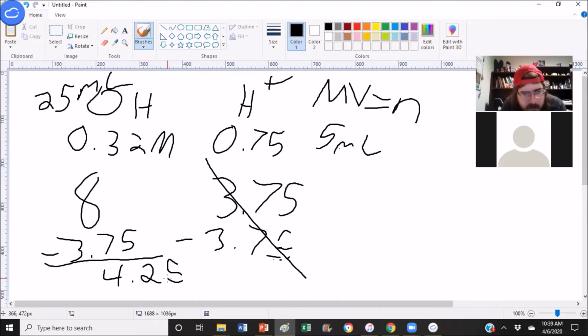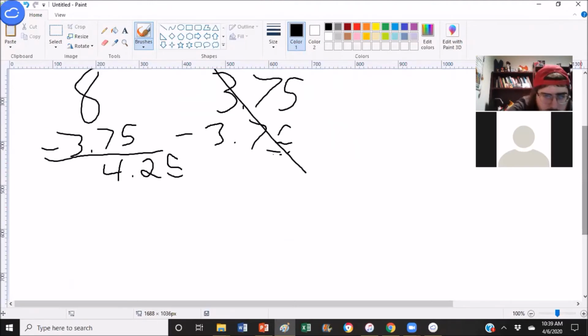Step 3 is where I got tripped up on the problem last video. I need to calculate my dilution factor. So I add 25 mils of base with 5 mils of acid, making 30 mils total. I have to turn this back into molarity.